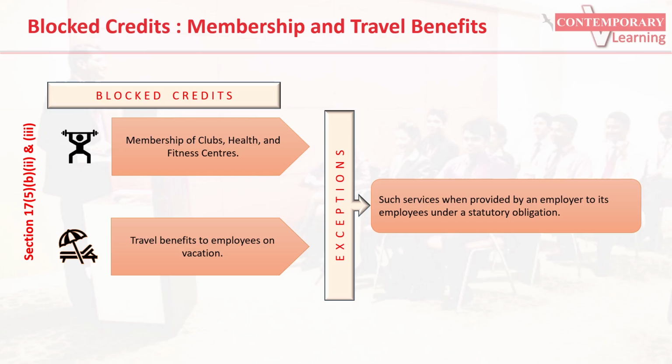When these memberships are provided by an employer to employees under a statutory obligation, ITC can be claimed. The second item is travel benefits provided to employees for vacation purposes. This is clearly personal in nature, and there are no exceptions listed for this particular blocked credit.